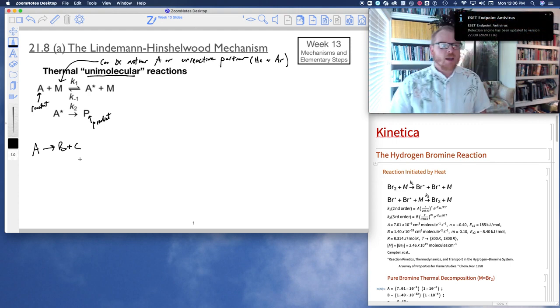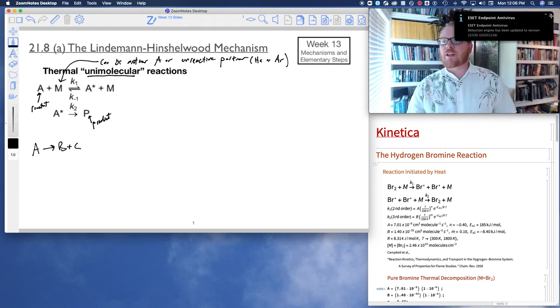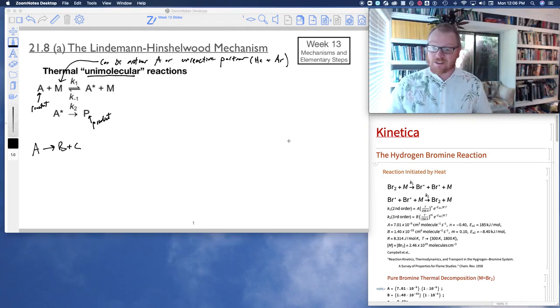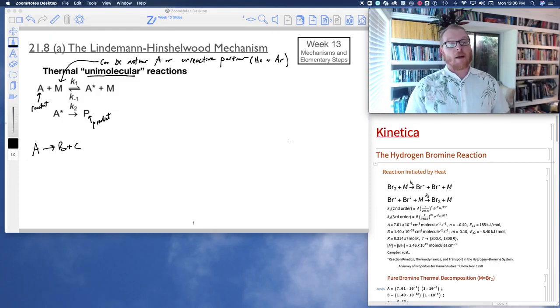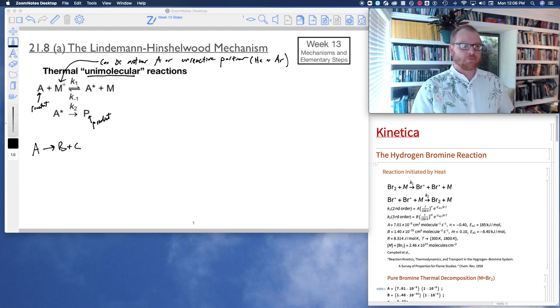This mechanism eluded people for quite some time because what they observe is that in some limits, it appears to be a first order reaction, but in other limits, it appears to be a second order reaction.